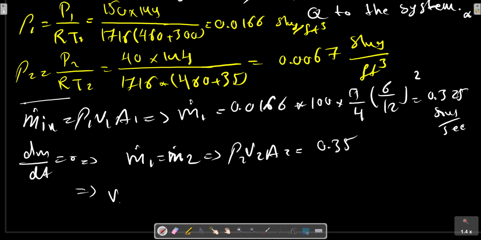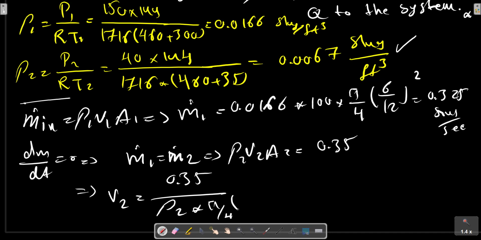From this relation, V2 equals rho 2, which we calculated here, multiplied by A2, so we can calculate V2 equals 244 foot per second. So we have now calculated the velocity at point 2.